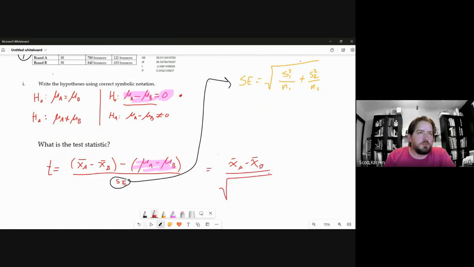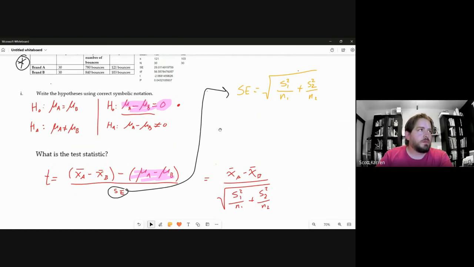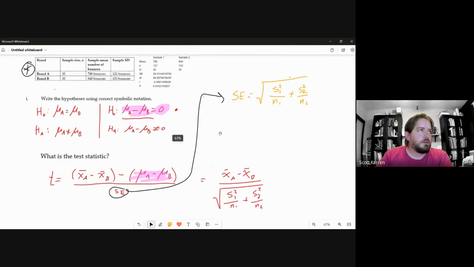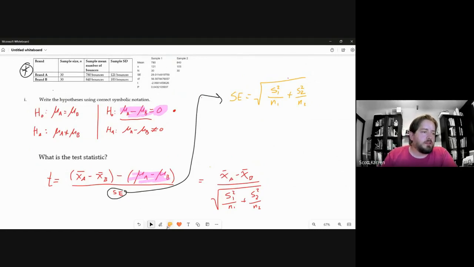So over the square root of s1 squared over n1 plus s2 squared over n2. Right? And I should have all of these values. The sample means are up there.